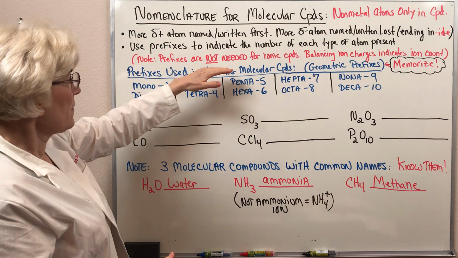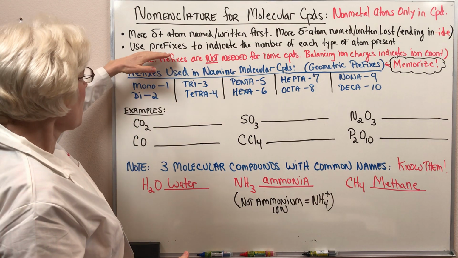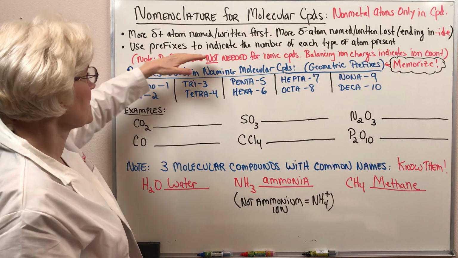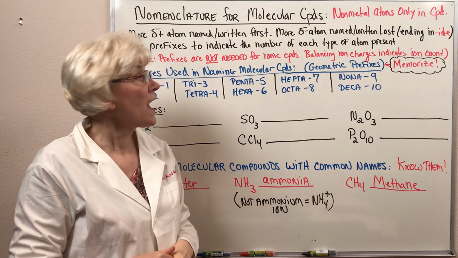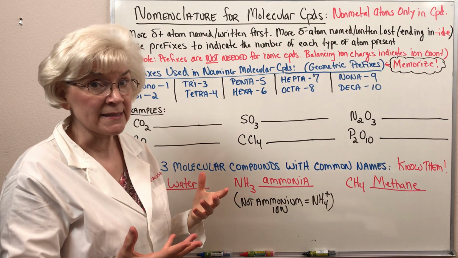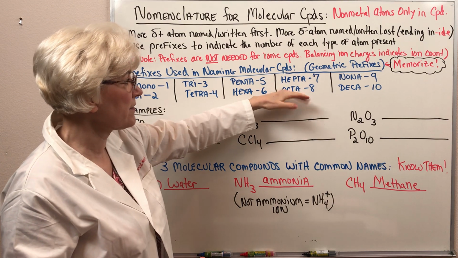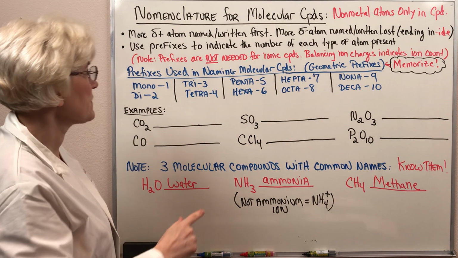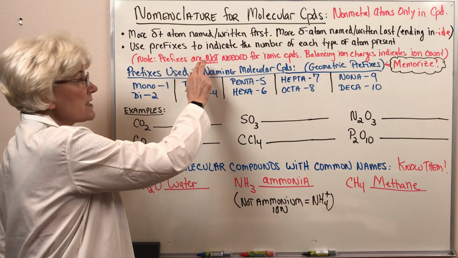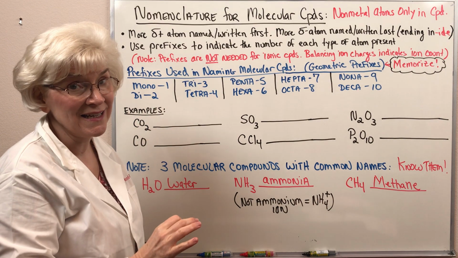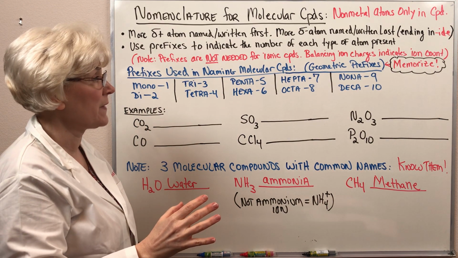I do want to point out that you also need to use prefixes to indicate the numbers of each type of atom present. These prefixes are listed here below. We're going to cover them in a minute, but I want to emphasize here that prefixes are not needed for naming ionic compounds.